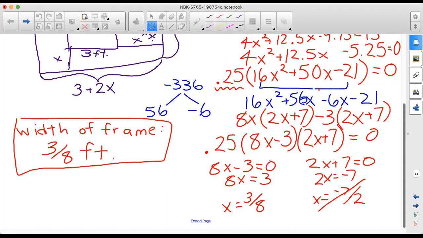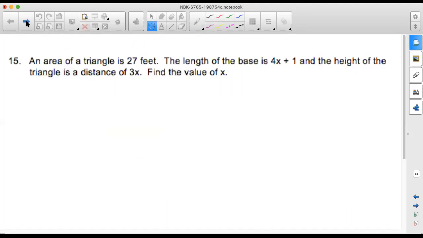So then I am going to set up the next problem with you. This one was talking about an area. So we have the area of a triangle, which is 27 feet. The base is 4x plus 1, and the height is 3x. Draw my triangle.